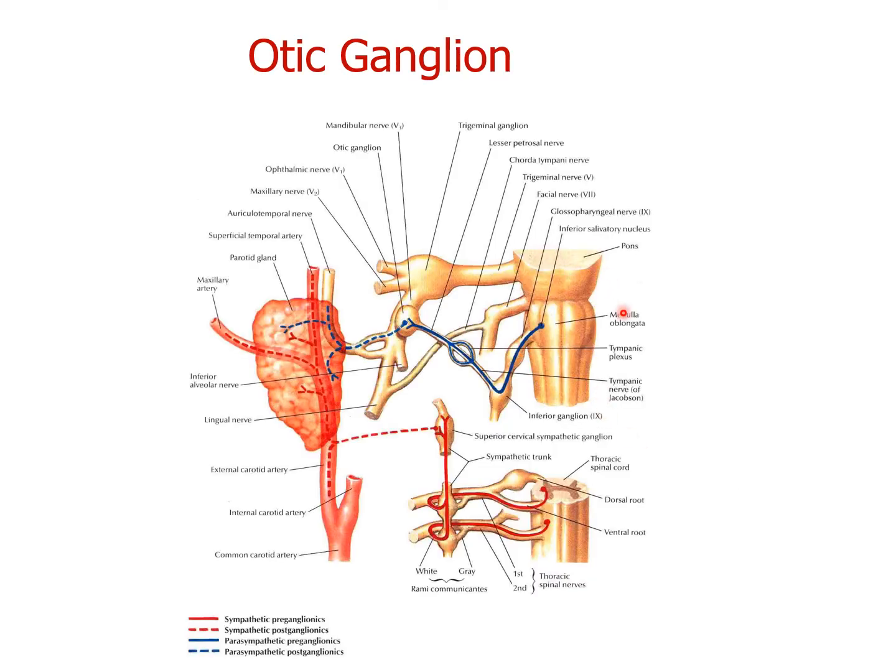So this image shows the organization and distribution of branches from the otic ganglion. The fibers originate in the inferior salivatory nucleus in the brainstem, enter the tympanic branch of the glossopharyngeal, tympanic plexus, and finally are distributed as preganglionic fibers to the otic ganglion through the lesser petrosal branch of the glossopharyngeal.